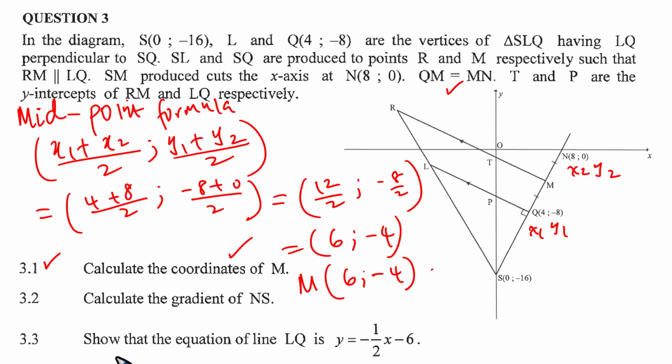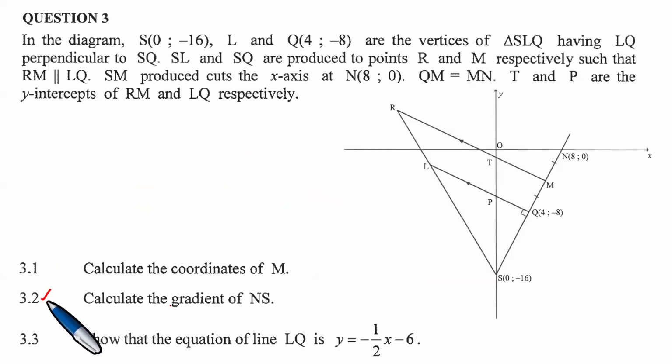The next question is calculating the gradient of NS. This is N and that is S, and we want to find the gradient. So in this question, the examiner is asking for the concept of the gradient.